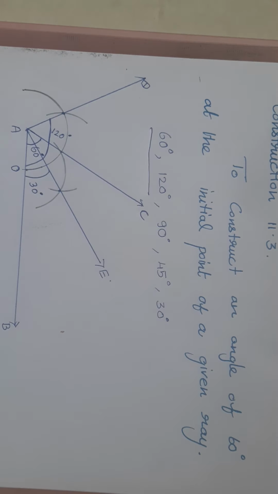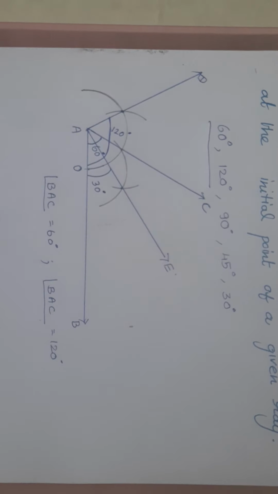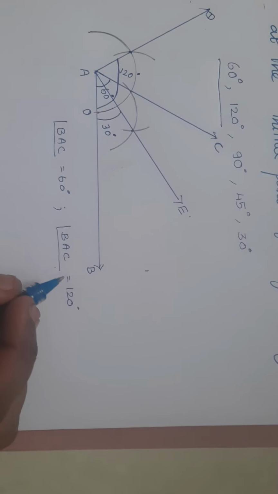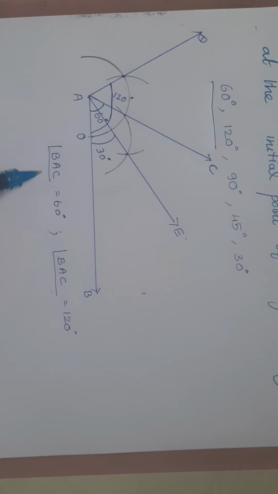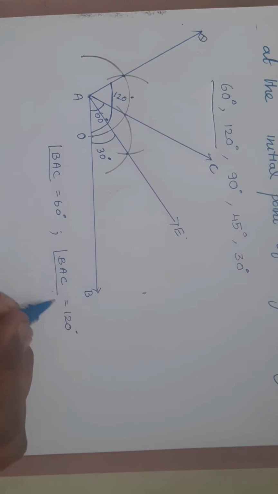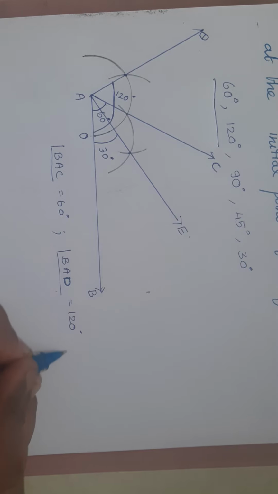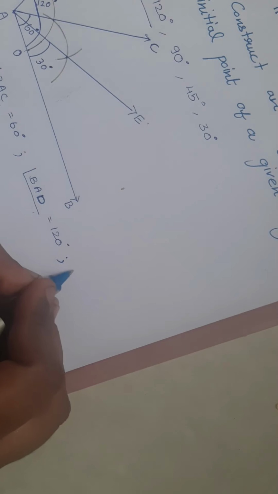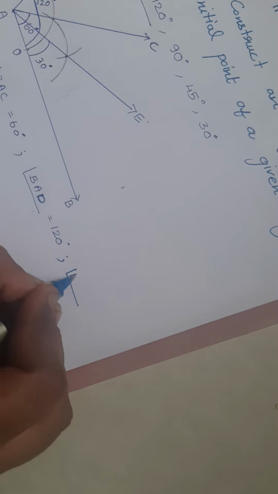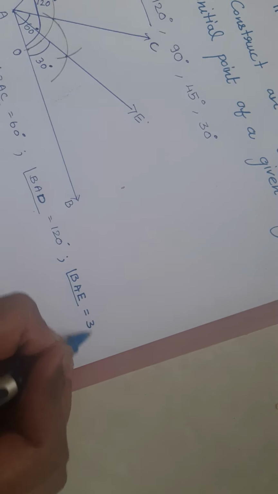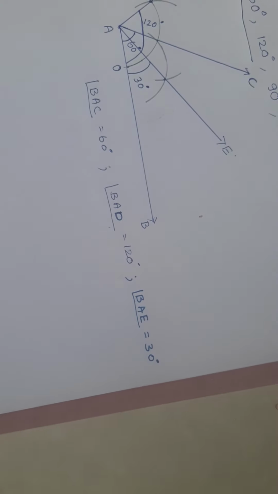So without a protractor, you can make an angle using the compass and ruler. Now angle BAC is 60 degrees, BAD is 120 degrees, and BAE is 30 degrees.